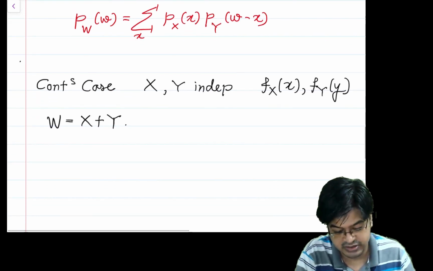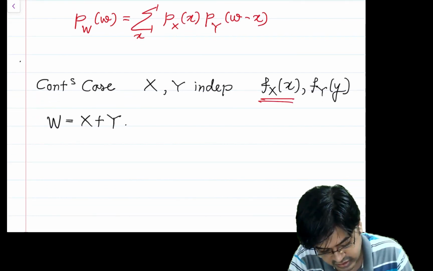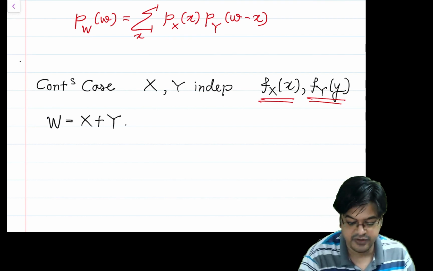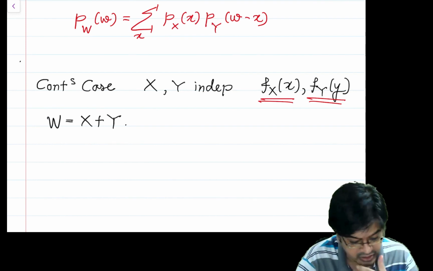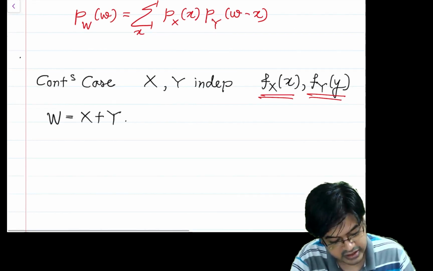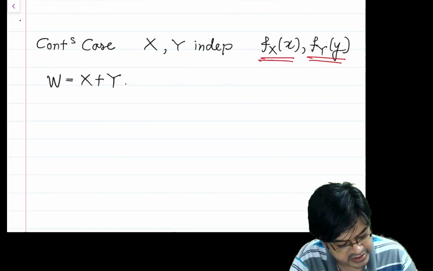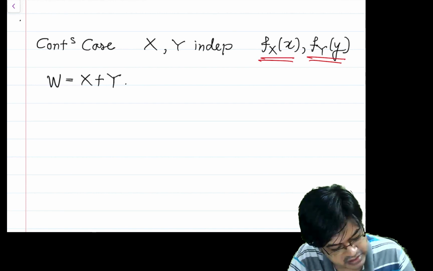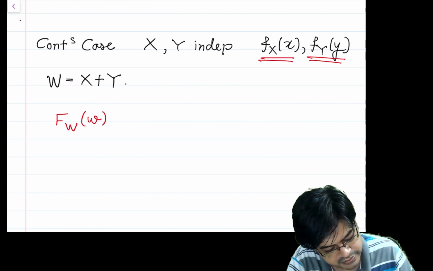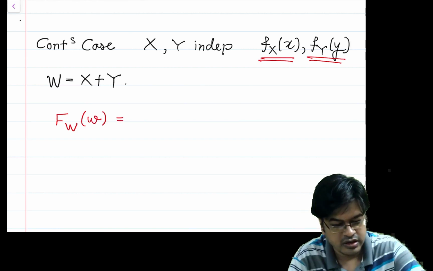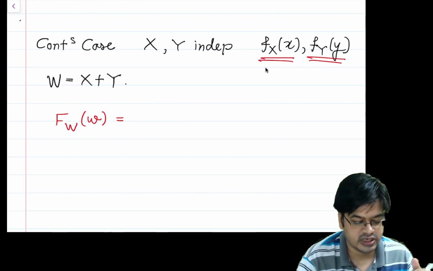So now I have continuous random variables with densities f_X(x) and f_Y(y). Okay. So now there are two ways to handle this situation. One way is you start with the CDF of W, F_W(w). And in a short while I will show you the other way.